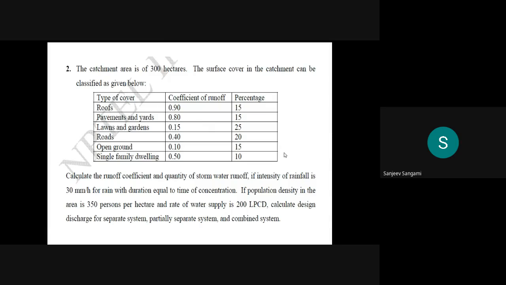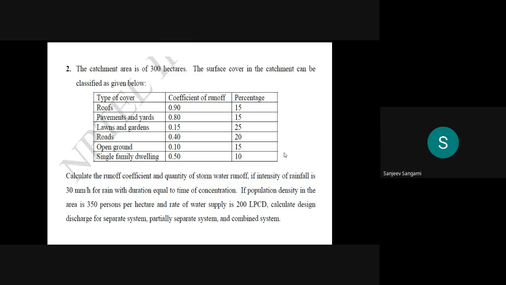Maybe this is the toughest problem you can see in your examination. Maybe they won't ask, but in some competitive exams, like UPSC examinations, for those preparing for the Indian Engineering Services examinations, problems like this will be there, and they will make slight variations.